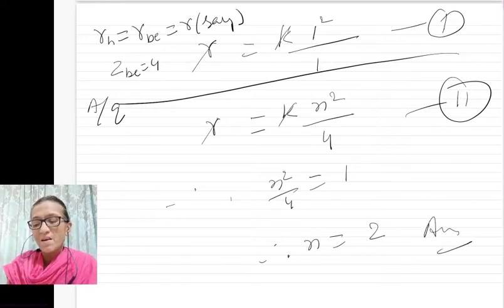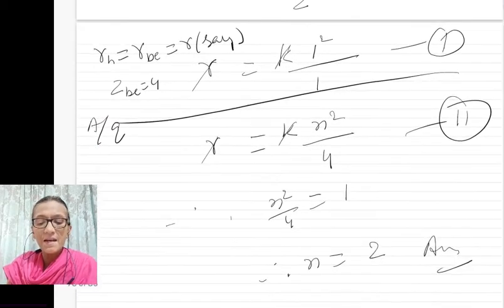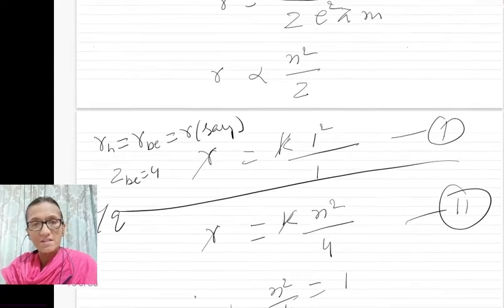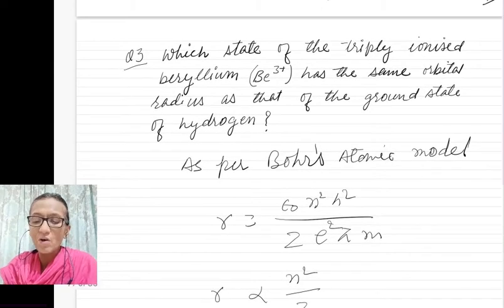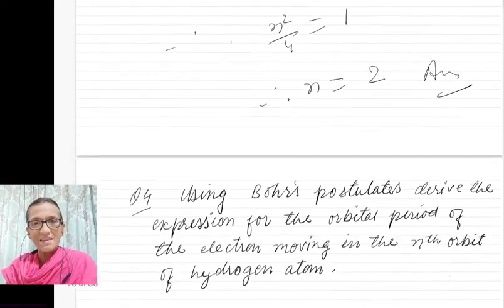So for triply ionized beryllium atom, you have the radius same for second shell as the radius of ground state of hydrogen atom. So here it is complete.